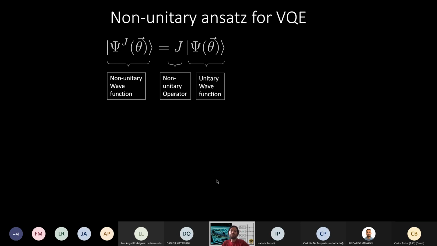Of course, any ansatz that you write on a quantum circuit has to be unitary. But in this way, you can extend the description of the unitary wave function also to include non-unitary wave functions. And this has the advantage that you can use a non-unitary operator in front of it. Of course, then the wave function has to be normalized later, because if it's not unitary, then you have to.